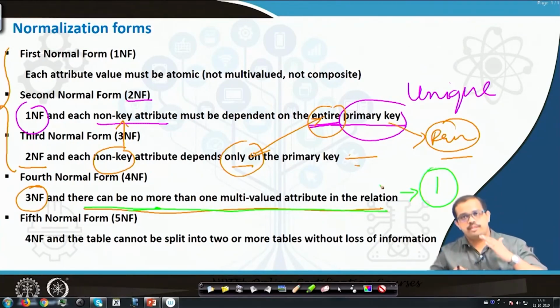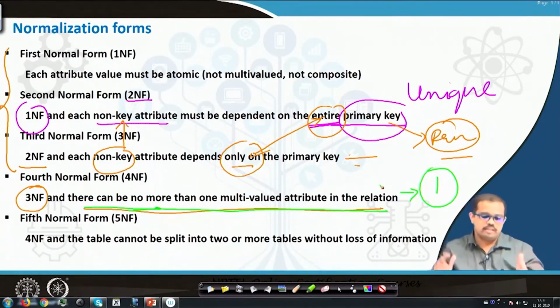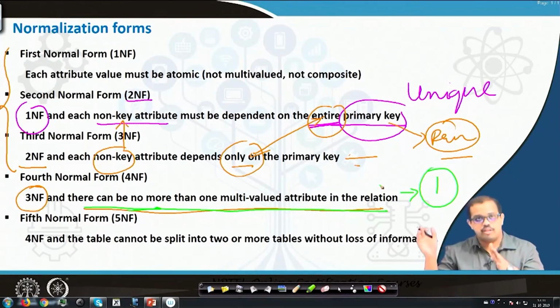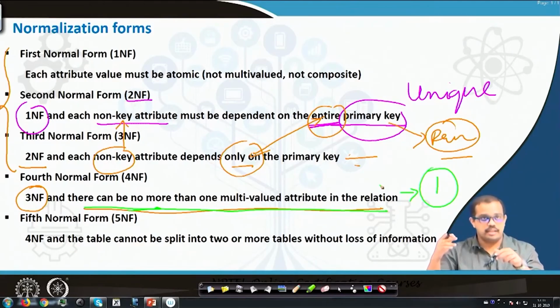So, now we are at the stage where first we cut down that you cannot have multi-valued attributes, and you should always have an atomic form. Once you have attained the atomic form, that is, it is not multi-valued, then in the second normal form we use first normal form and a non-key attribute which is entirely dependent on the primary key.